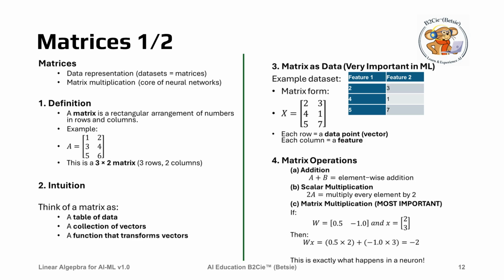A matrix, singular, is again a method of data representation: a rectangular arrangement of numbers in rows, which could be a data point, and columns, which could be a feature. As you can see, they may be raw data or a collection of vectors, and even a function that transforms data. Vectors and matrices operate in different manners, so one needs to be careful.